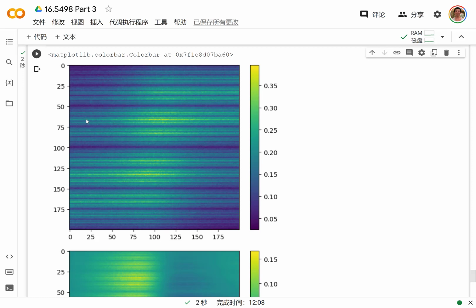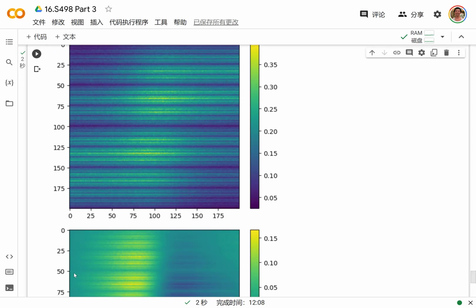That means the density gradient should be positive over here and negative over here. And if you zoom over here, it's exactly what's happening, right? We have a positive density gradient over here and negative density gradient over here.